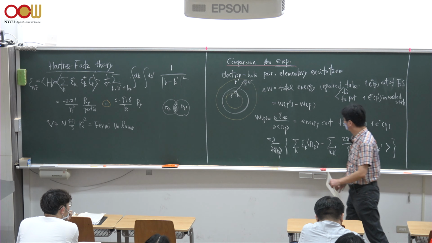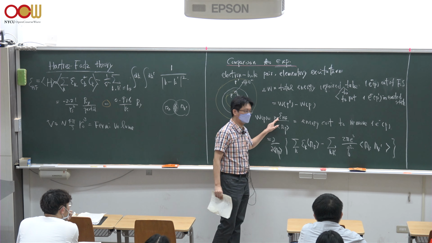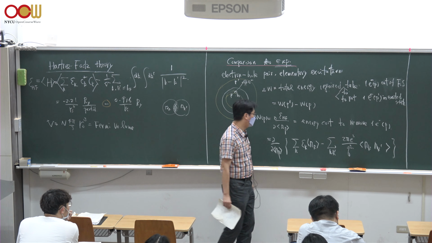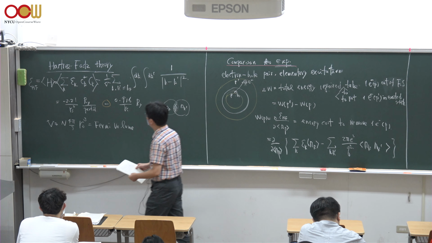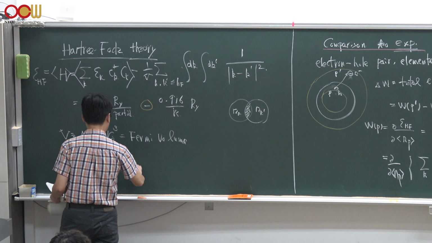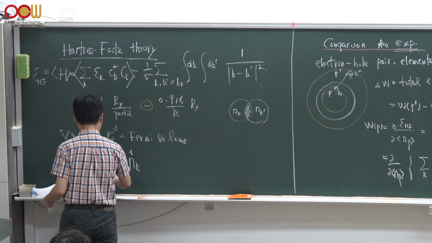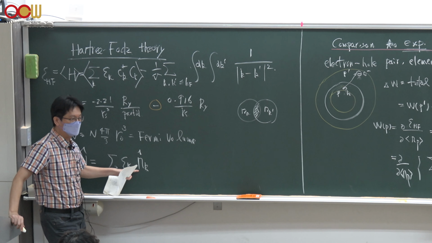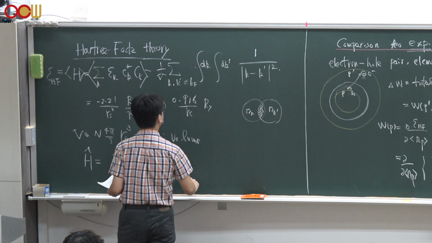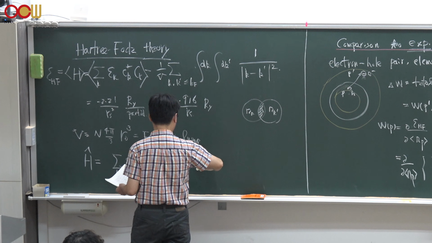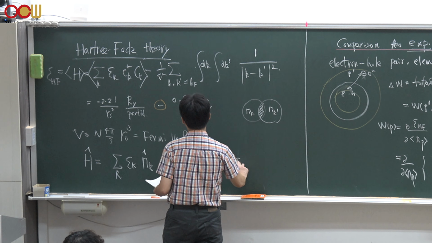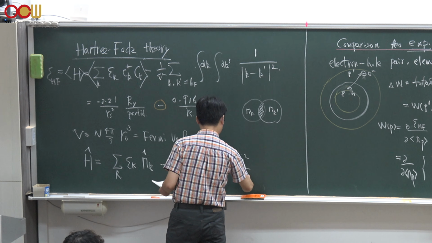Then this energy is given by the derivative of the Hartree-Fock energy with respect to this occupation. Remember, the Hamiltonian in the Hartree-Fock theory is given by the average kinetic energy per particle multiplied by the occupation number, right? And sum over k prime, and you know that this volume, so this is n 2π e squared over q squared.